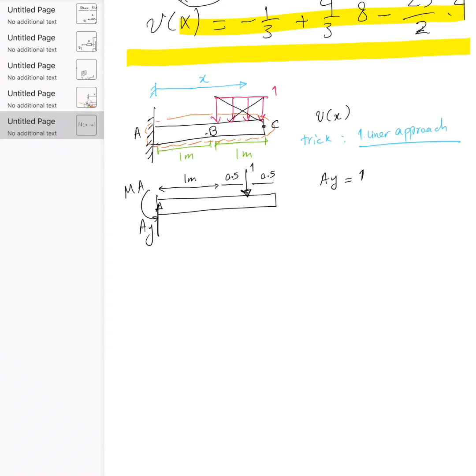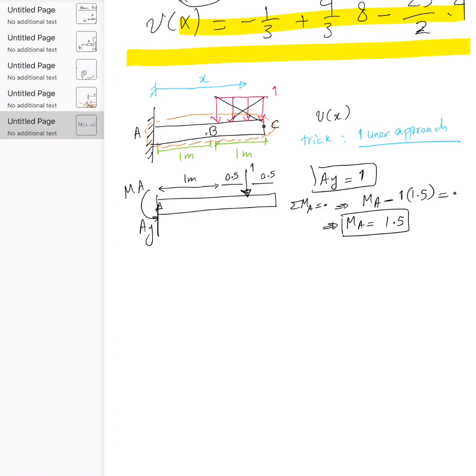And summation of moments about A is equal to 0. That would give me MA, positive, minus 1 times 1.5 is equal to 0. So your MA is equal to 1.5. These are the reactions.